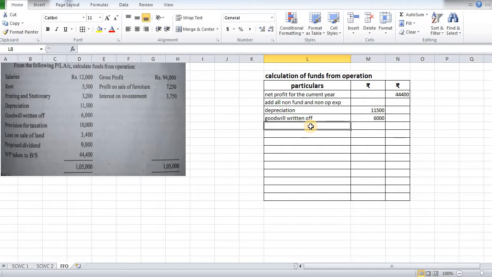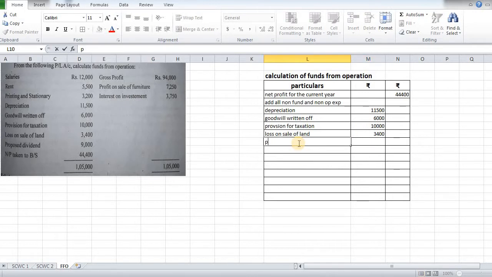Next item is provision for taxation. Value is 10,000. Next, loss on sale of land, 3,400.